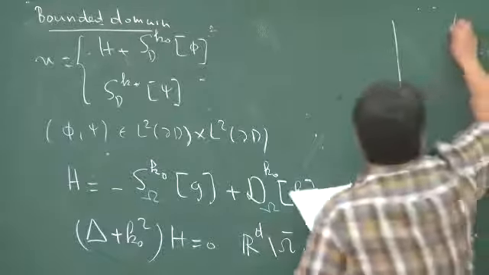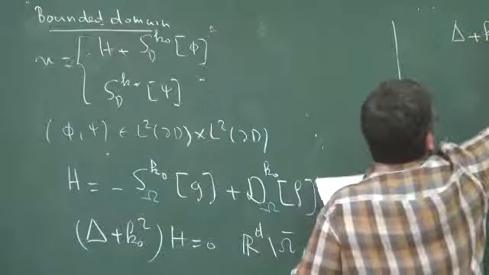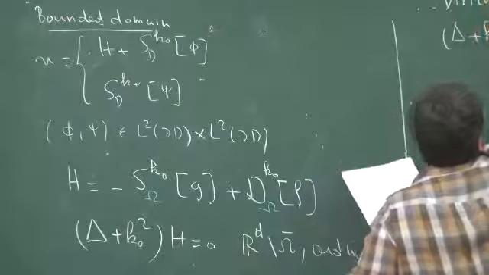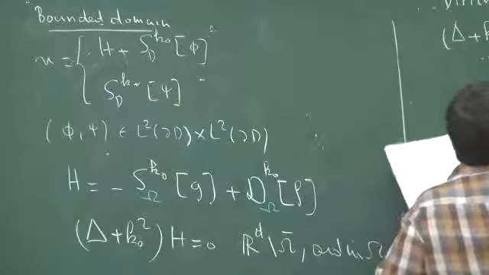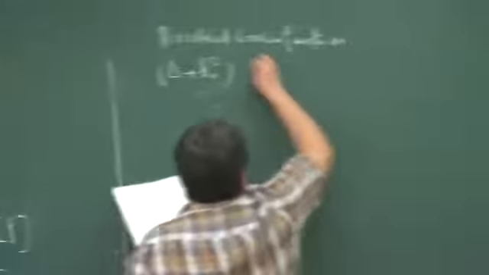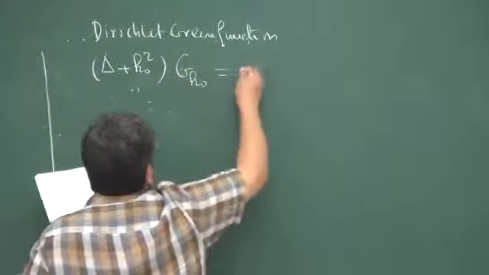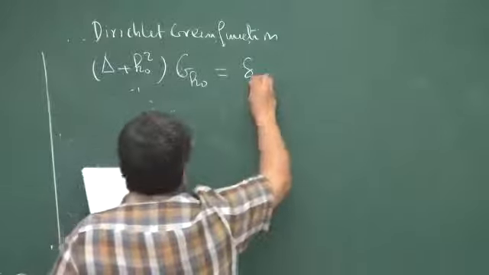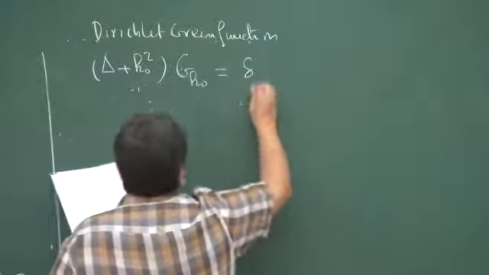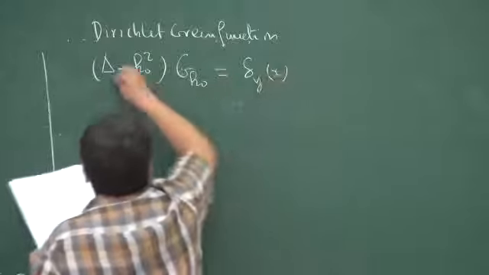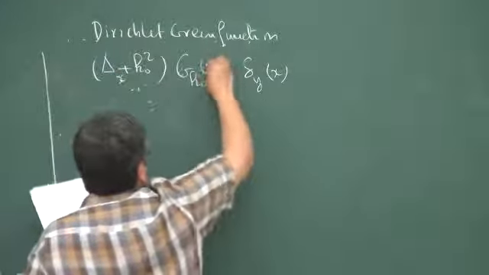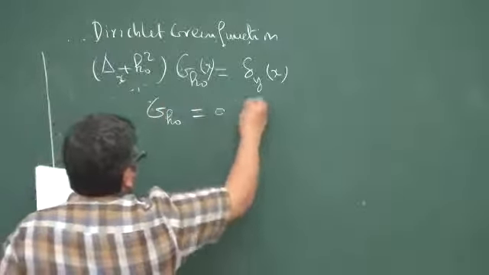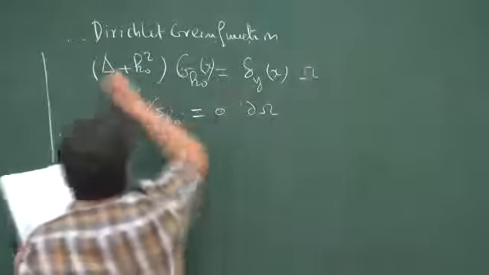We consider the Dirichlet Green function, which I call G_{k0}, the solution to the delta function on y, with the boundary condition G_{k0} equals 0 on the boundary of omega.